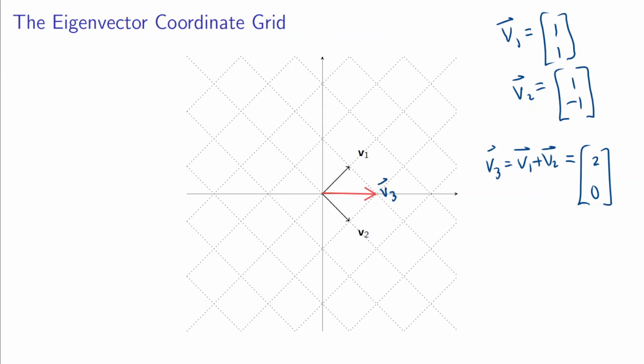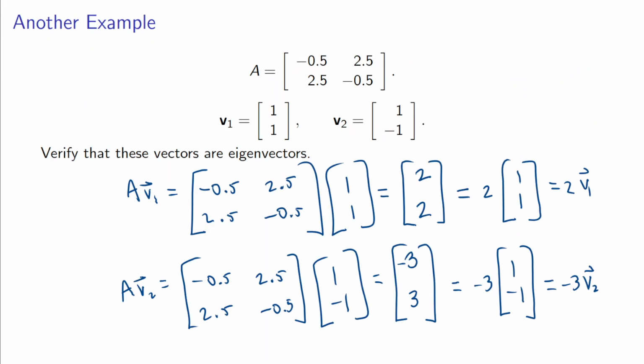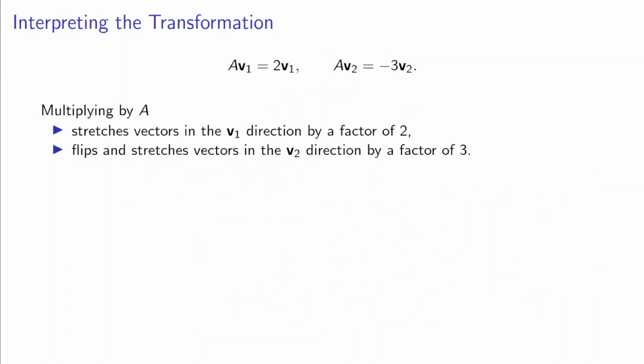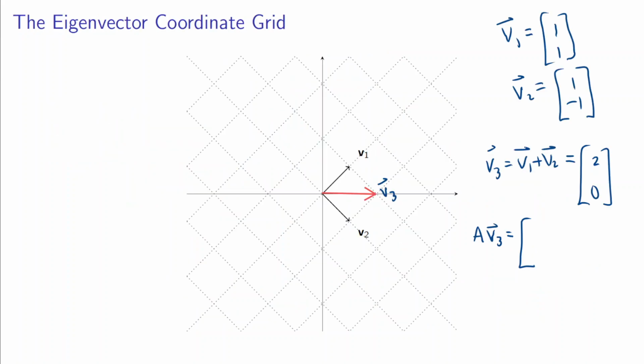And what I want to do is consider what happens when we transform v3 by A. So let's look at Av3. Again, just to go back, A is the matrix with rows negative 0.5, 2.5 and 2.5, negative 0.5. Let's multiply that by v3.